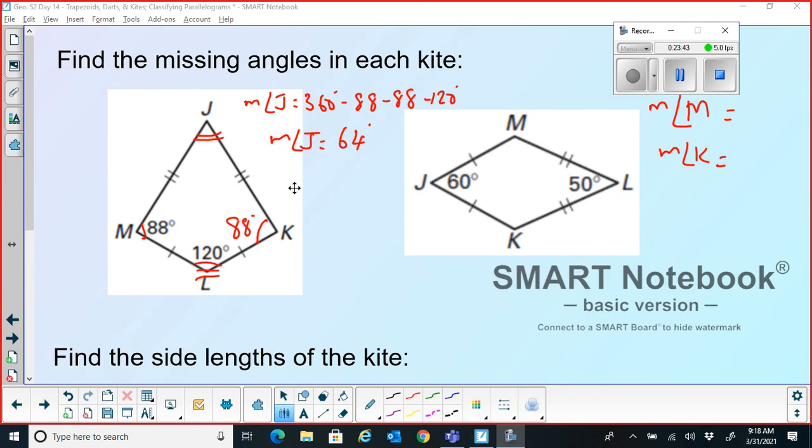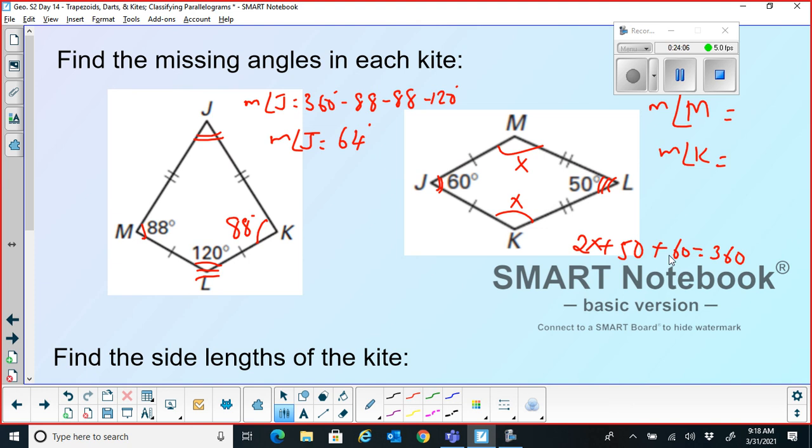Okay, answers are right. Let's check the solution once again. It's going to be the same. In the case of a kite, we know one pair is congruent, which are M and K this time, and these two, angle J and angle L, are not congruent. So let me call these X and X. So I'll have X plus X, 2X plus 50 plus 60 equals 360.